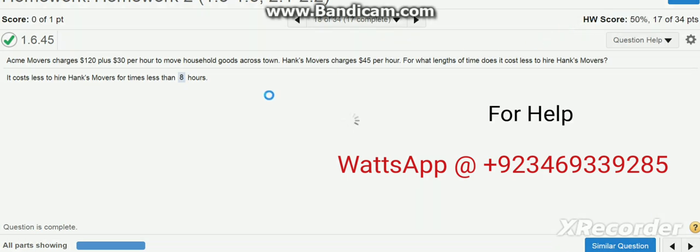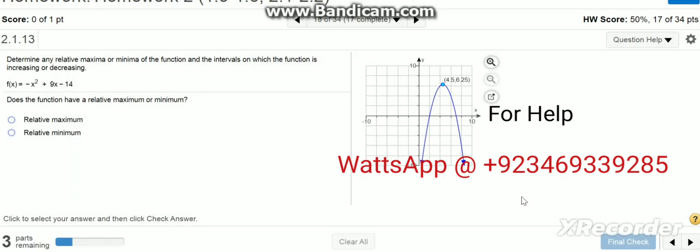Our score becomes 50% as we reach the 18th question. Determine any relative maxima or minima of the function, and the intervals on which the function is increasing or decreasing. F of x is this. Does the function have a relative maximum or minimum? Yeah, it has a relative maximum. Let's check. I think so.